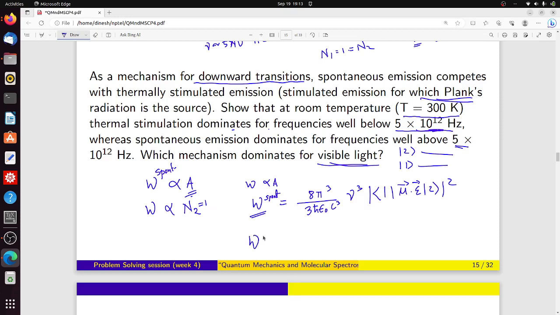So there can be stimulated emission, which I can write as pi over 6 epsilon naught h cross square, this transition integral mod square times the energy density or the state density, which depends on nu.